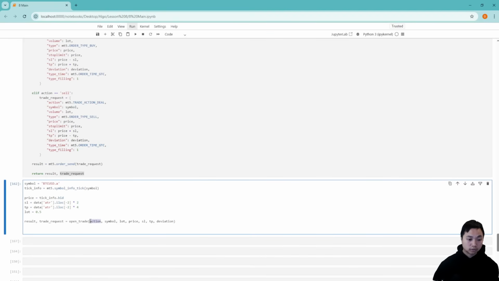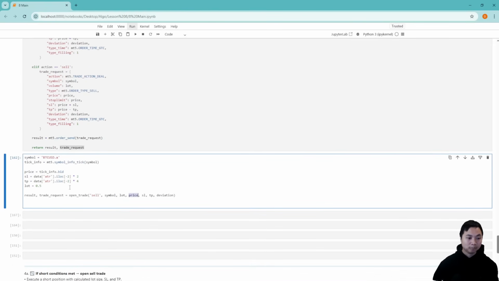The first thing is we're going to sell. We have the symbol, we have the lot, we have the price, that was the bid price. And then we have the stop loss, we have the take profit. And then the deviation, we set it to 0, meaning there's no slippage tolerance for this test.